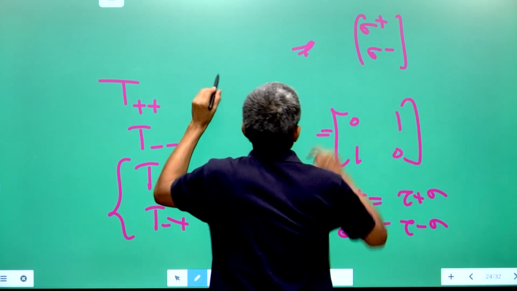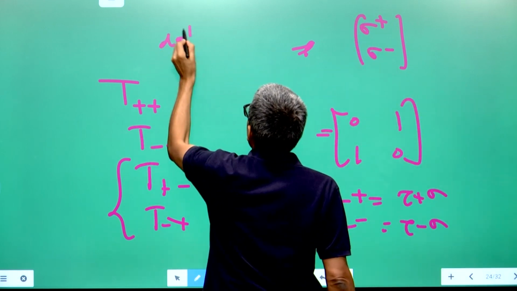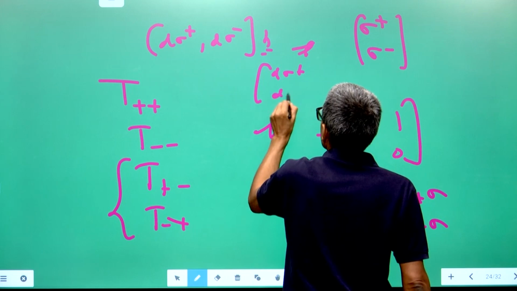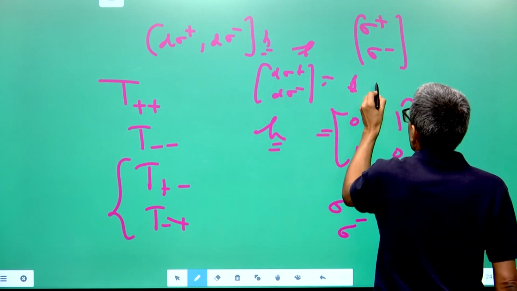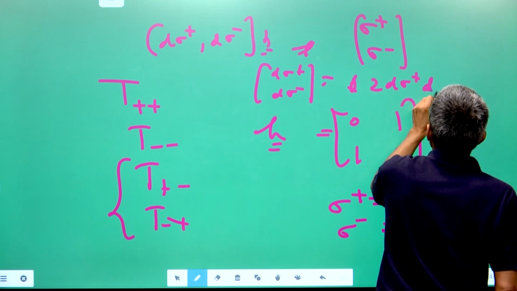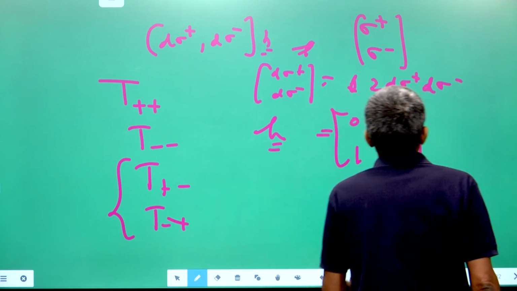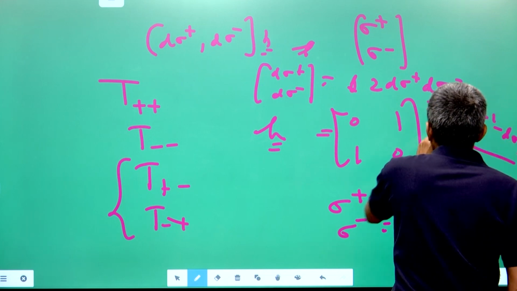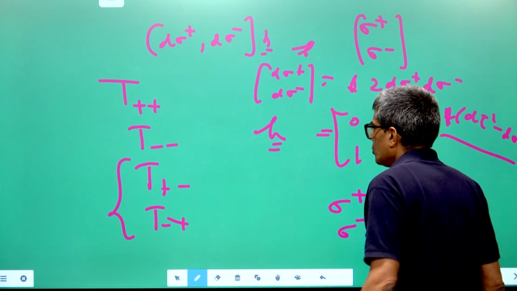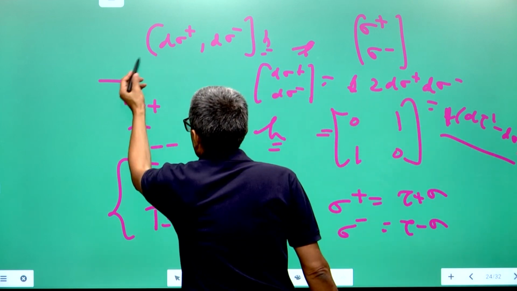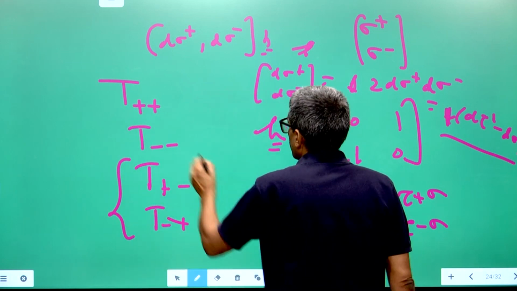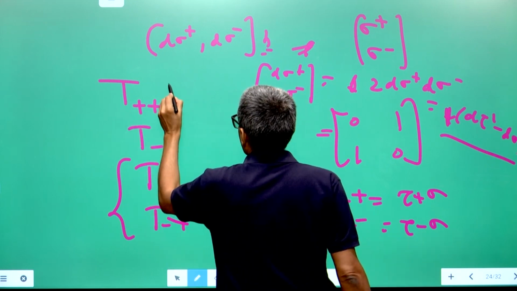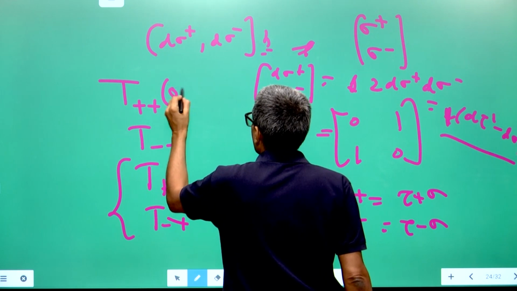If you want to compute the metric in this light cone system, you put (dσ^+ dσ^-) transpose, then H, then (dσ^+ dσ^-), and that will be equal to simply twice dσ^+ dσ^- in the light cone coordinates, and that will come out to be twice (dτ² minus dσ²). You remove the factor of 2. So this gives you the metric in the usual coordinate system. So you look at T_{++}, namely the plus-plus component of the energy momentum tensor obtained by transformation to the light cone coordinates, and you require that the positive frequency components of this vanish.